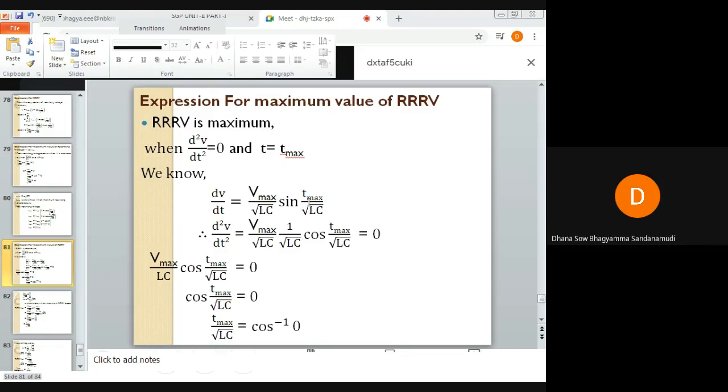Wherever T is there, I have written T max and equated to 0 to determine the maximum value. Root LC into root LC becomes LC. So V max by LC cos of T max by root LC is equal to 0. This whole term will go to the right side, it will become 0. So cos T max by root LC equal to 0. So T max by root LC is equal to cos inverse of 0.